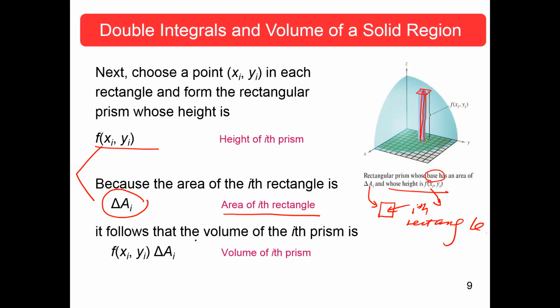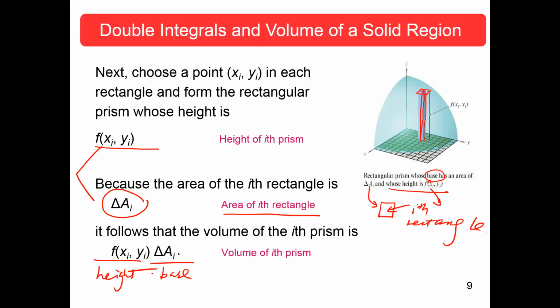So very easy to find. We can find the volume of this i-th prism. The volume of the i-th prism will be the base times the height. So the base of the rectangle, which is delta A_i, times the height, which is the function value. Is that clear?